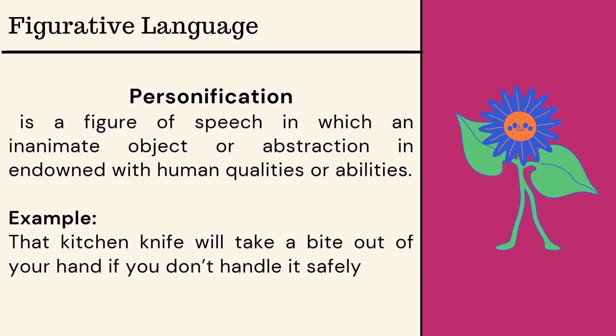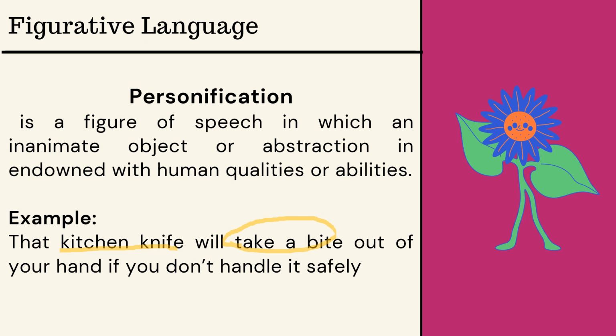Or, for example, that kitchen knife will take a bite out of your hand if you don't handle it safely. A kitchen knife is an inanimate object, but in this sentence, it has been given a human quality. Take a bite. Okay, it will bite you if you don't, right? Something like that.